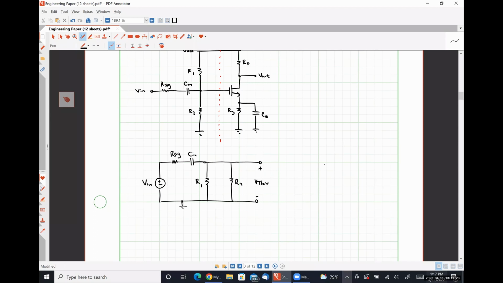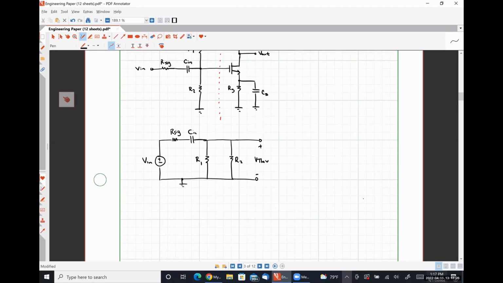All right. So using voltage division, V Thevenin is Vn times R1 in parallel with R2 divided by R sig in series with 1 over SCN, the impedance of our capacitor, plus R1 in parallel with R2.